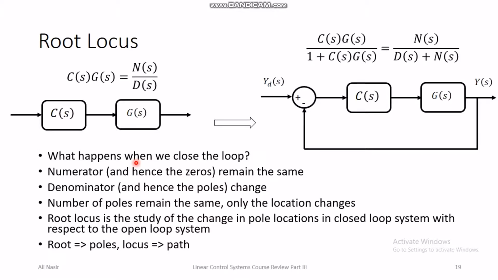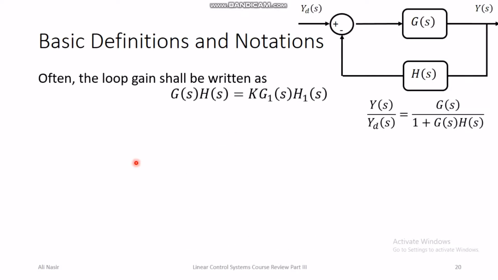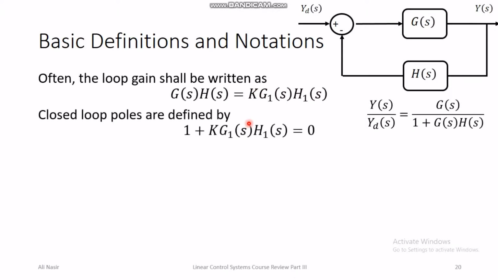So we are looking at the path that is followed by the poles of a closed loop system when you increase the gain. So, basic definitions: often we have this representation of the open loop system in terms of the gain of root locus, and the closed loop diagram is represented like this in different textbooks, where instead of having C(s) G(s) in the direct path, you have G(s) in the direct path and H(s) in the feedback path.